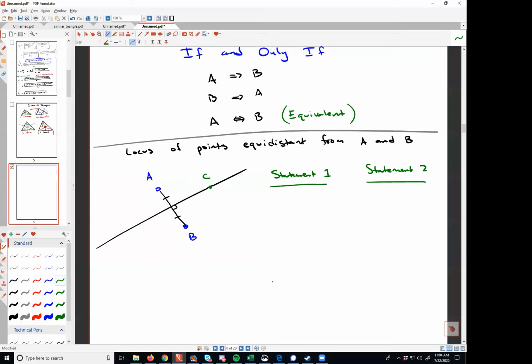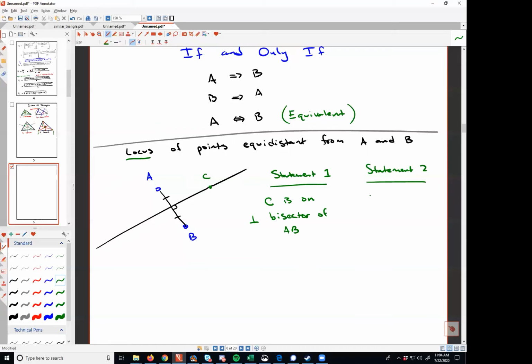And we imagine some point C that is in this locus. And remember, locus is just a set of points. And what we want are two statements. We want statement 1 to be C is on the perpendicular bisector of AB.